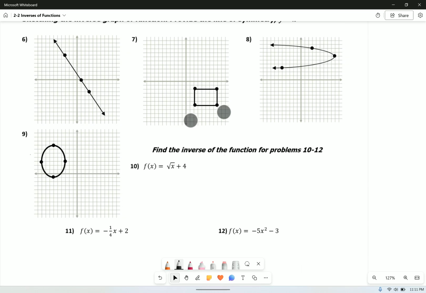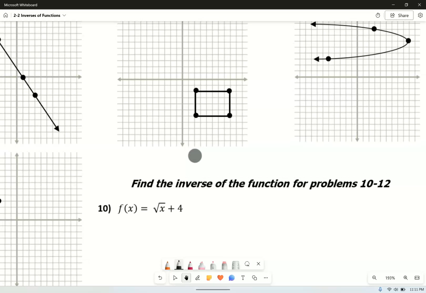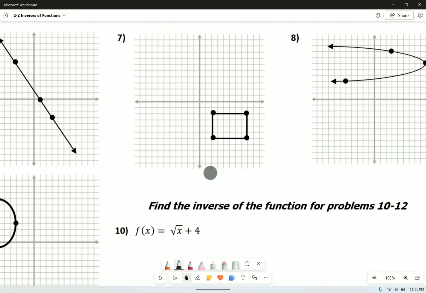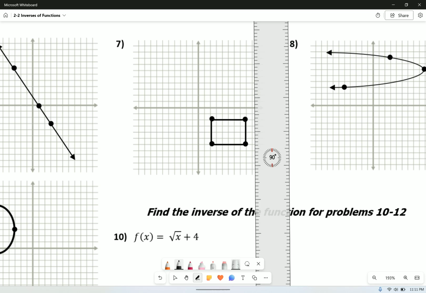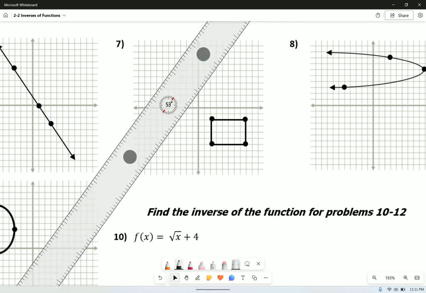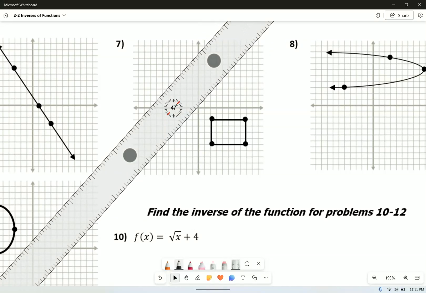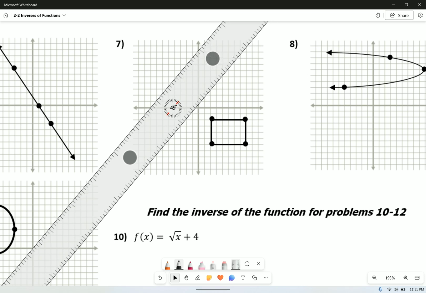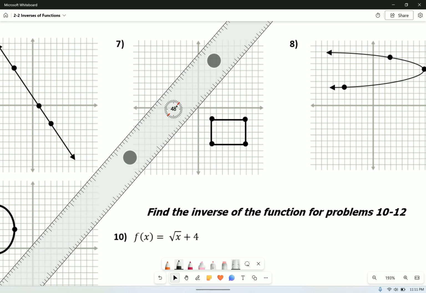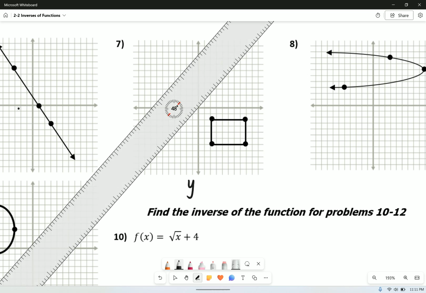Okay, I'm going to specifically do number 7 because this one is easy for y'all to see how the reflection works. So first, let's draw the y equals x line. The y equals x line is going to have a slope of 1, right? Because y equals x, mx plus b, right? Let me write it down here so you can see what I'm talking about.